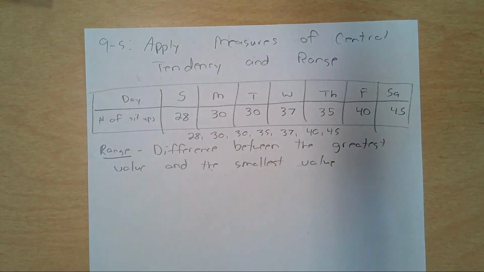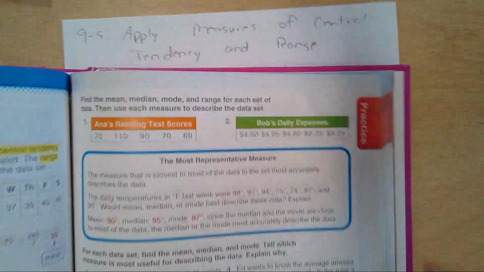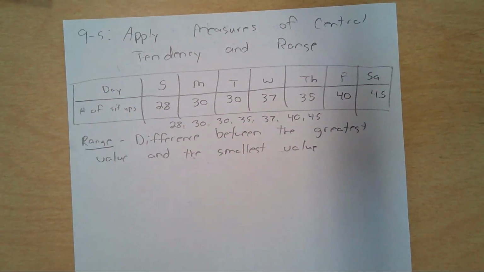But one of the first things you're always going to want to do with any of this stuff here is rewrite the data in order from least to greatest. And you'll see why, as we go through the 4 terms, why that's a good strategy and the way you should go about doing it here. But for the range here, again, if you do put them all in order, least to greatest, it should be very easy then to find your greatest and smallest value.